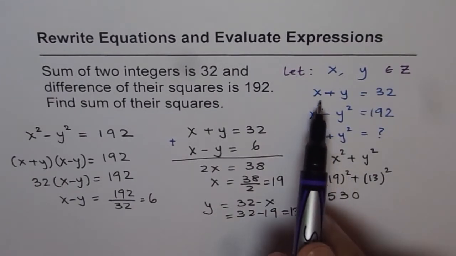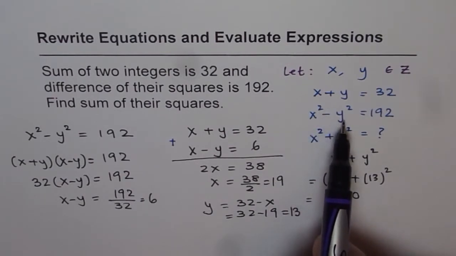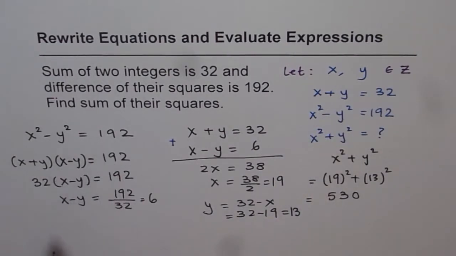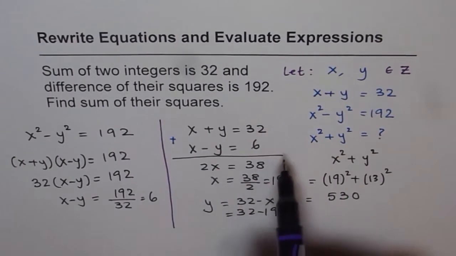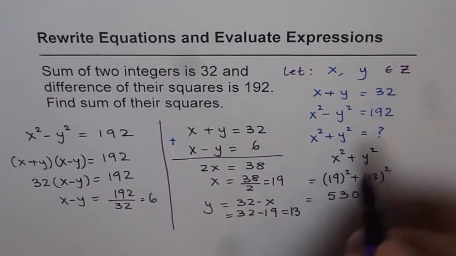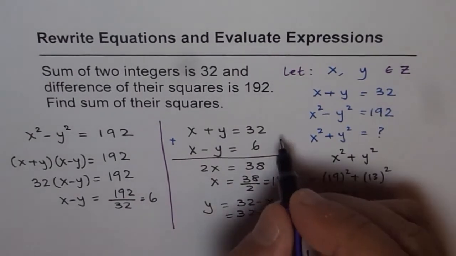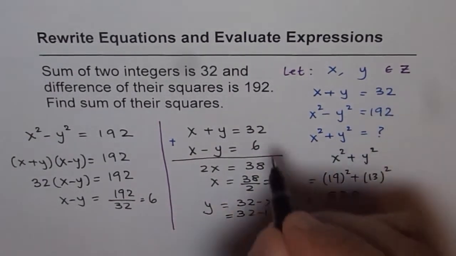Now we know x plus y times x minus y is x square minus y square, and that helped us to solve this question. This is kind of critical here, right? So from here we know what x plus y is. We got what x minus y is, which was 6, and then we solved the given equation, x plus y equals 32, with what we found, x minus y is 6, right?